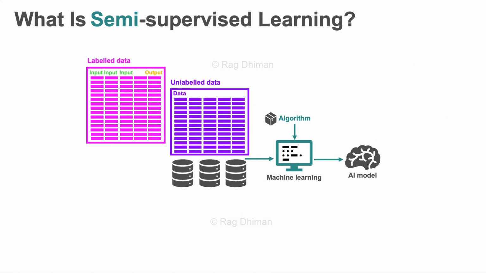Semi-supervised learning, the focus of this video, uses labeled datasets similar to supervised learning to guide the training model, but also blends it with another technique known as unsupervised learning, where unlabeled data is used.